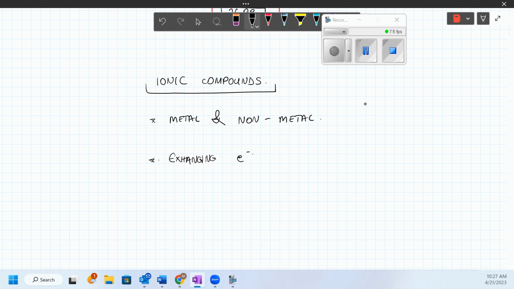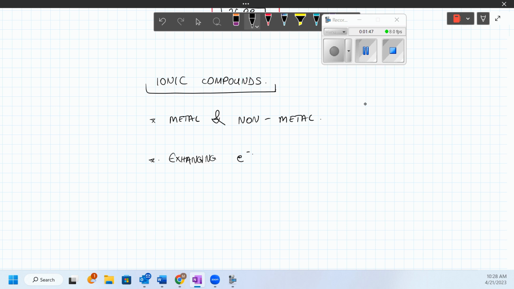The metals have fewer electrons in the outer shell, because they are group 1, group 2, so they have 1, 2, and so on. Metals have the tendency to give away the electron in the outer shell easily, to have the outer shell completed with 8 electrons.